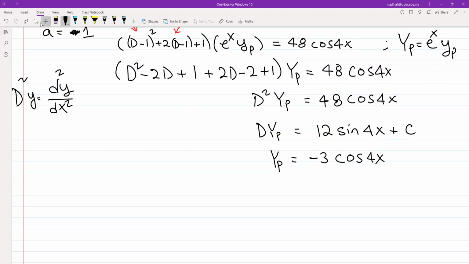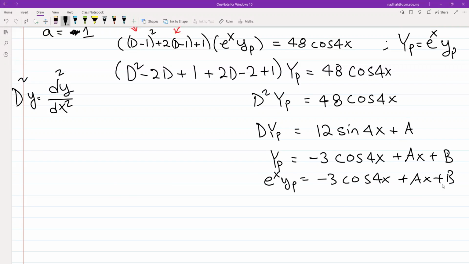I don't want to use C because we have already C for the homogeneous equation, so I need to use big A. And then this will be plus Ax plus B. So this is equal to exponential of x times yp, so minus 3 cosine of 4x plus Ax plus B. And therefore, big YP is just e to the minus x times everything above.